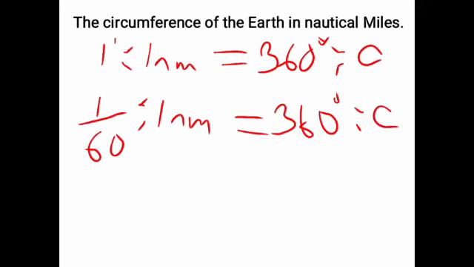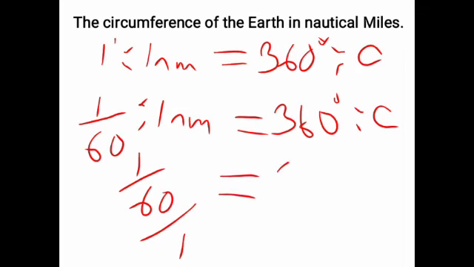The C is for circumference. So we can now express this in ratio form: 1 over 60 minutes over 1 nautical mile is equal to 360 degrees over C, as circumference.